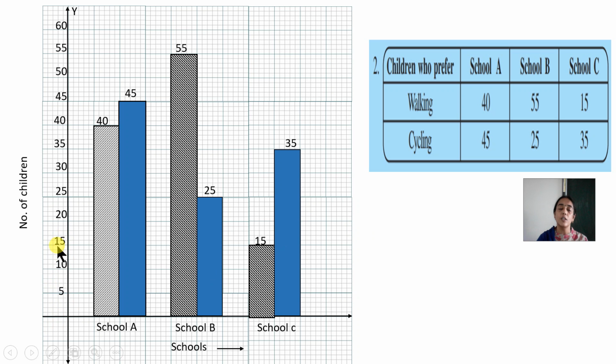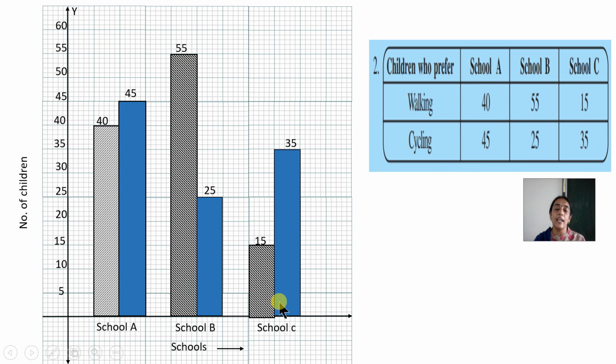So tables of 5 you write down 5, 10, 15, 20, 25, 30, 35, 40, 45, 50, 55, 60. Why? Because our maximum value is 55. So one more value you take and that will be 60. Is it clear?